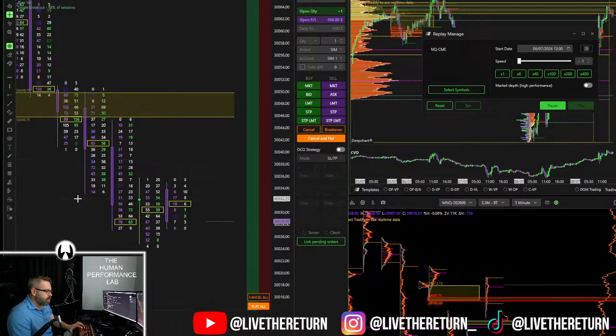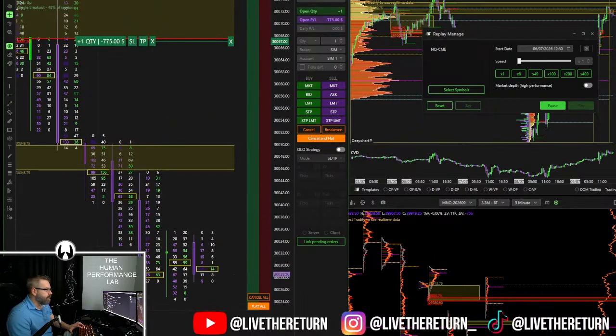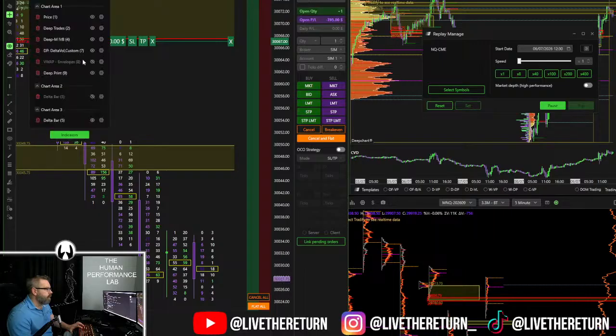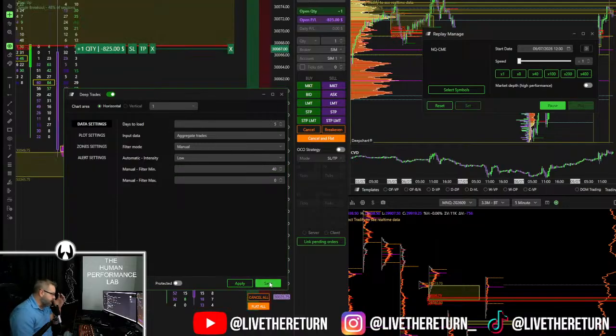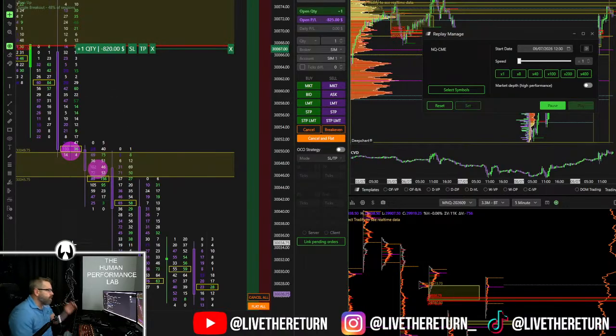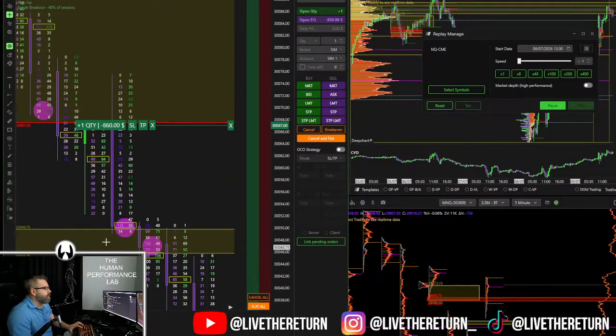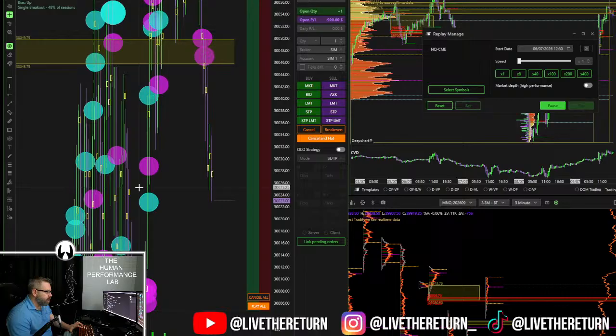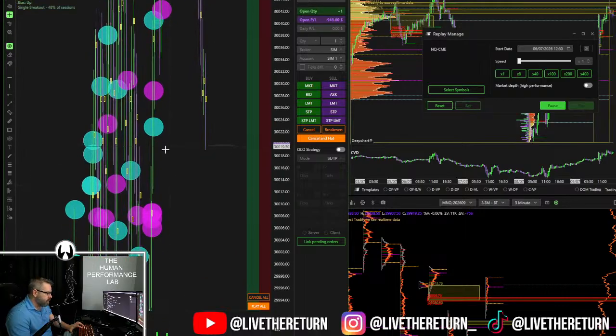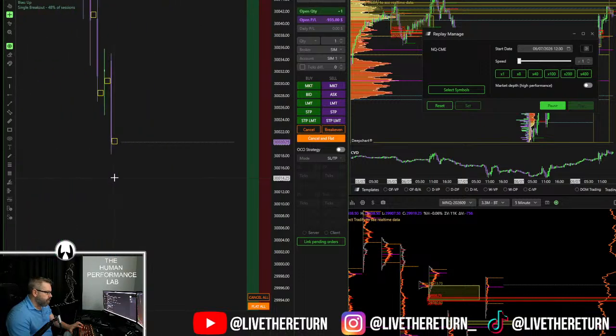There's the down, right? I would really like to see my volume in here. So let me change this to 40. That should give me enough volume in here that I'm able to see my nice little pullbacks. So where would I expect this price action to go right now? Down here to this area. And then I'm looking for a pullback.